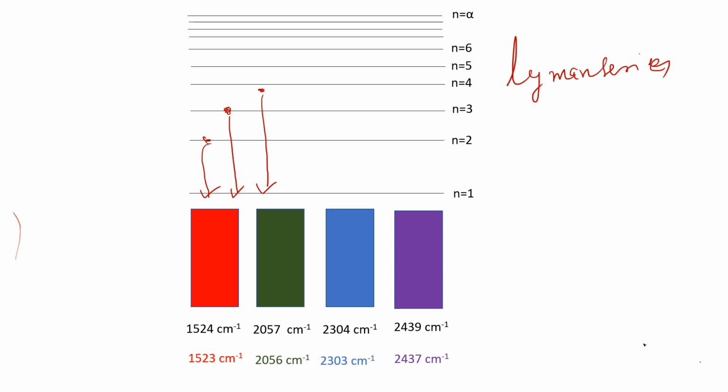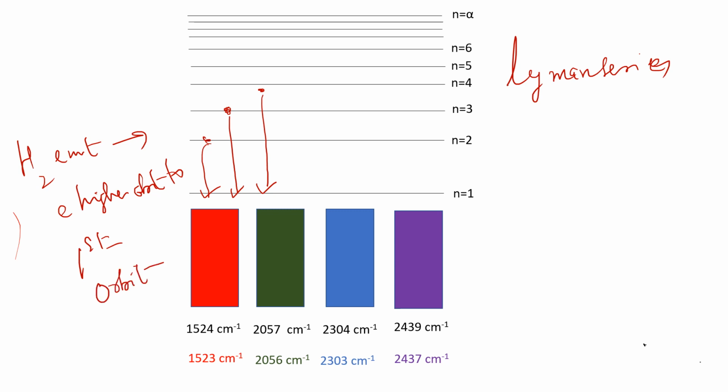In short, whatever lines the hydrogen will emit when the electron jumps from a higher orbit to the first orbit, you call them the Lyman series.